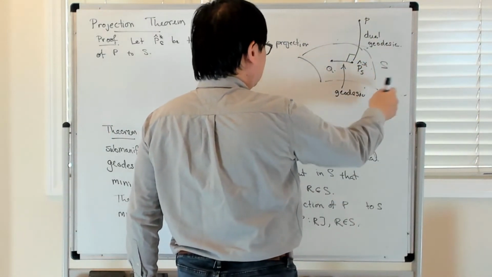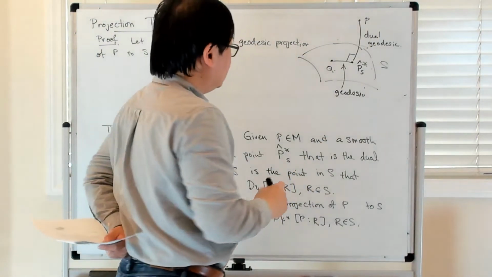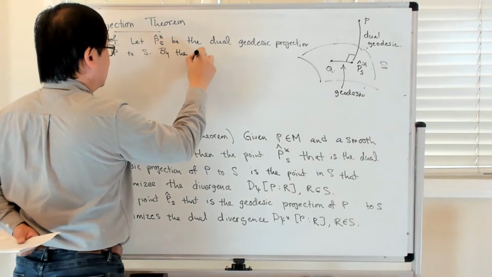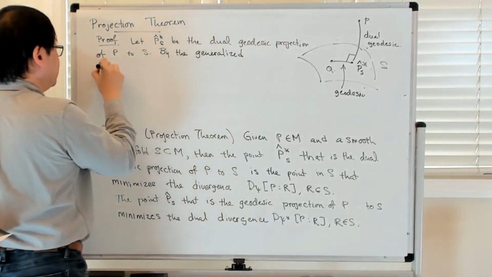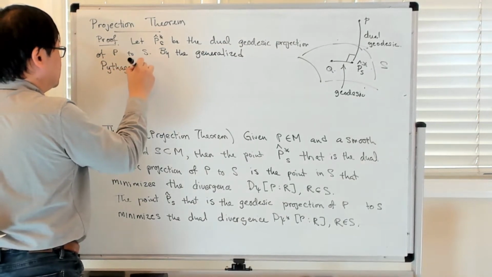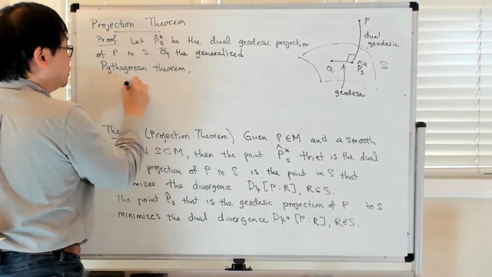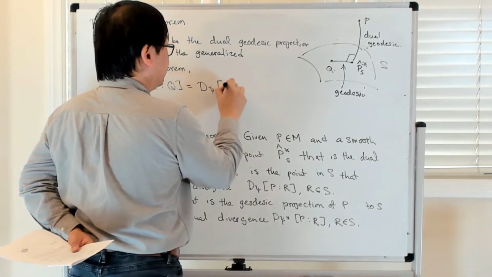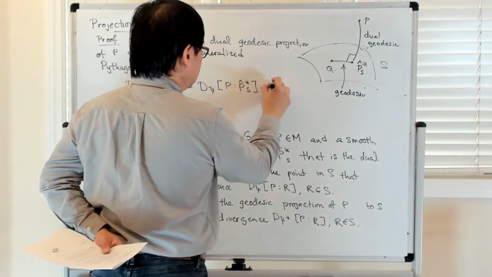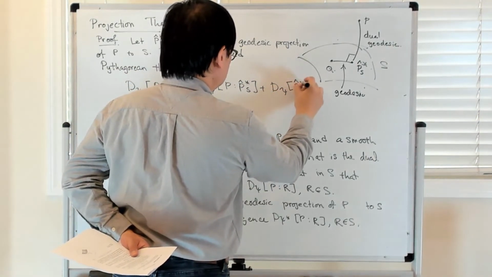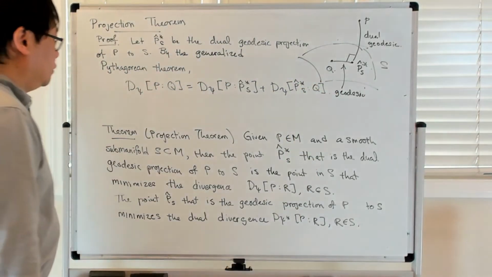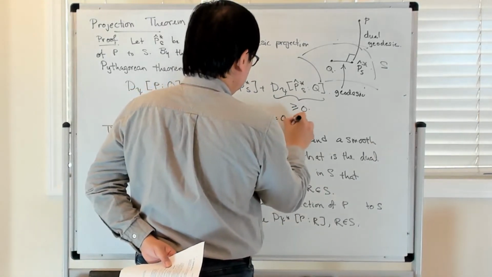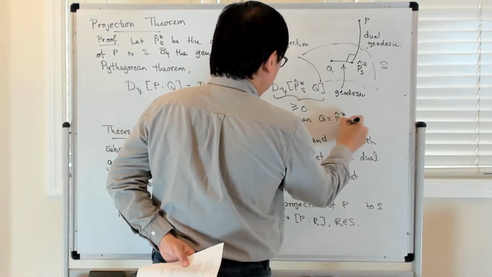So you have a dual geodesic, you have a geodesic, they are perpendicular at a point, and the generalized Pythagorean theorem says that the divergence between P and Q is equal to the divergence from P to P hat star S plus the divergence from P hat star S to Q. And you know that this is greater than or equal to 0, and it's equal to 0 only when Q is equal to P hat star S, right?